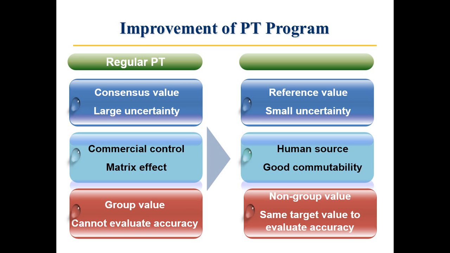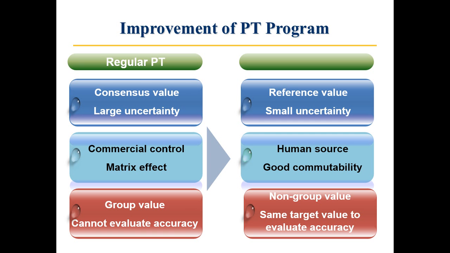For the stability of transportation and storage, PT samples are usually processed and thus bring about a matrix effect. It makes the test results different from true values. Moreover, matrix effect may differ between test systems.